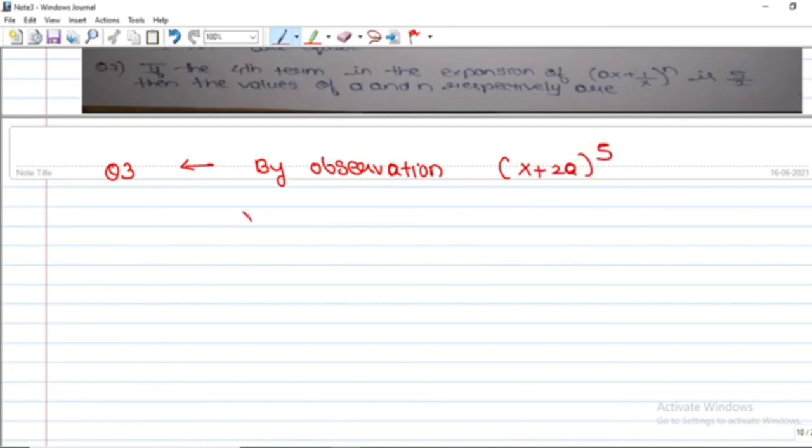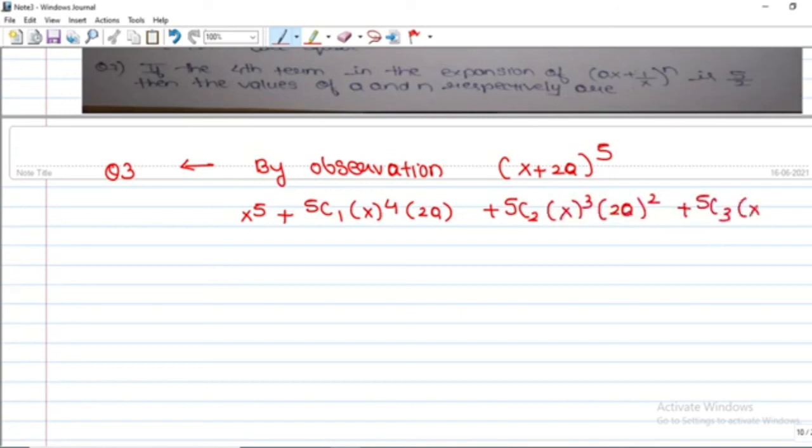The moment you expand, you will get x power 5 plus 5C1 x power 4 2a, then 5C2 x power 3 2a square, 5C3 x power 2 2a cube, then 5C4 x and 2a power 4, and the last 5C5 2a power 5. So you can see how simple the binomial expansion is, x plus 2a.